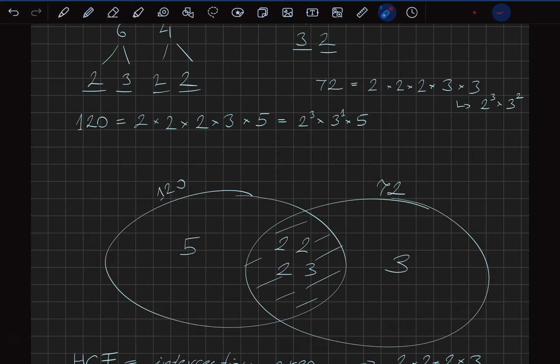You don't need to learn that the highest common factor is the common number on the lowest power. You can just take the intersection here, and every number here for the lowest common multiple. Much easier. Yes, it's a little bit more work, but you will definitely not make mistakes.